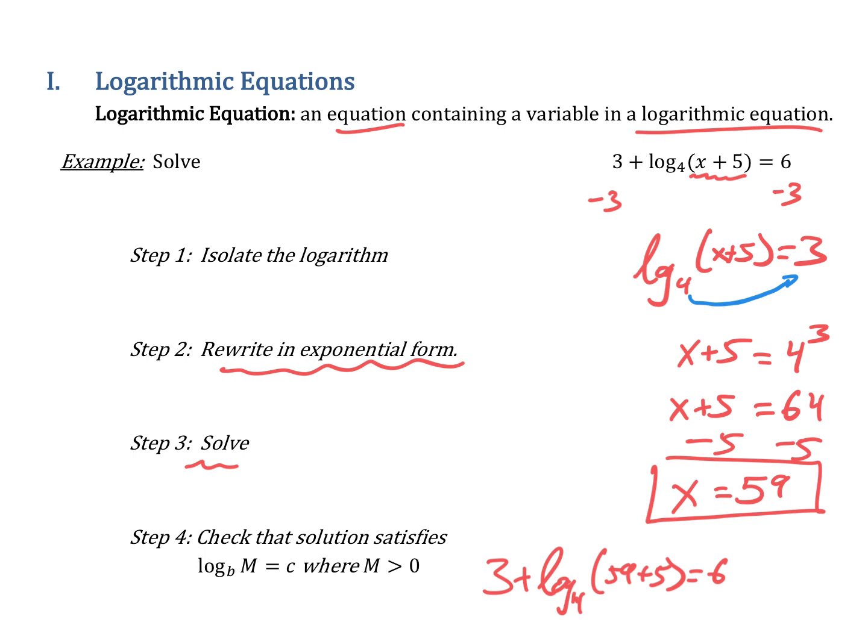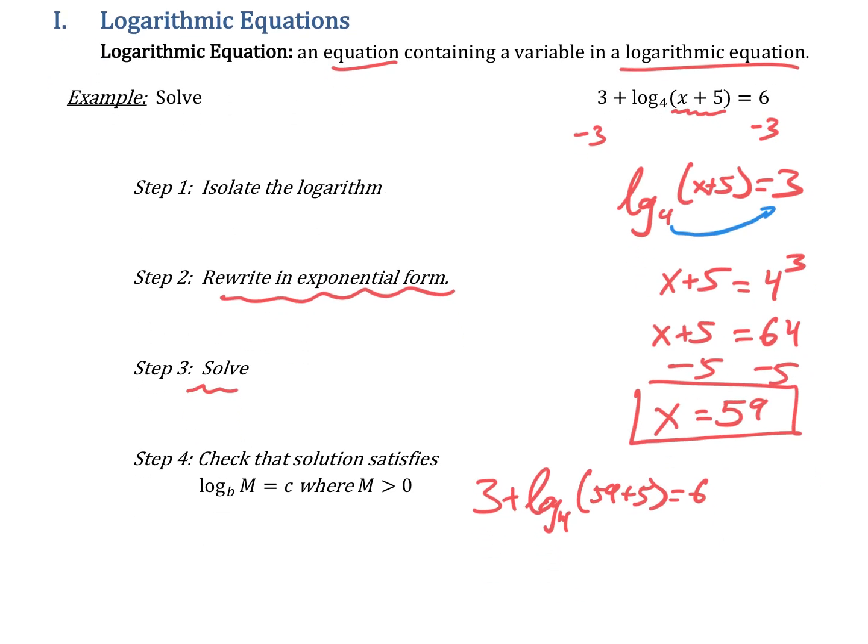The most important part here is that we make sure this actually is a positive number, and it is. In this case, it's 64. Log base 4 of 64 is 3, and so this does check out. But again, the key is to ask, is this positive? If it is, we're good. If not, then we've got to throw the answer out.